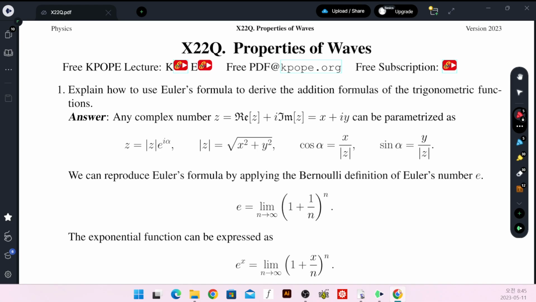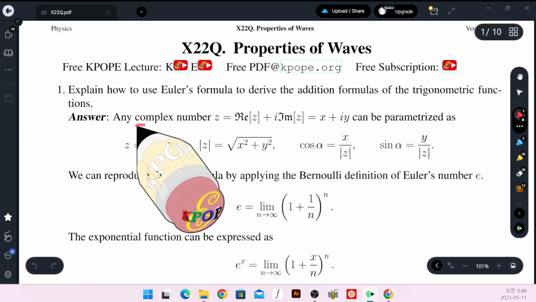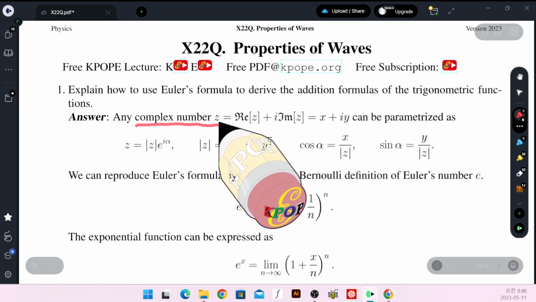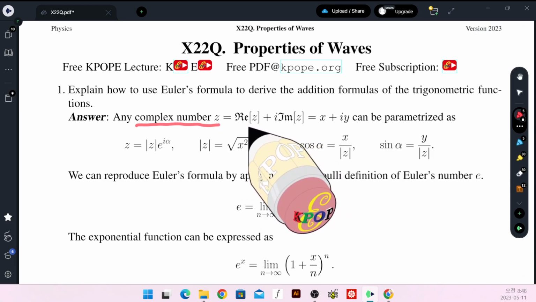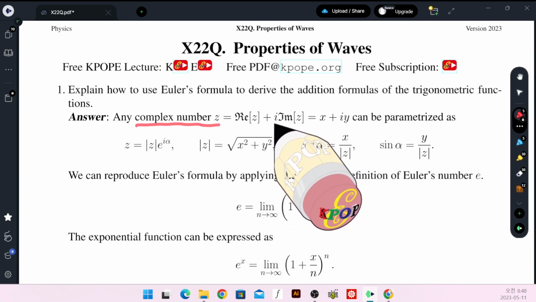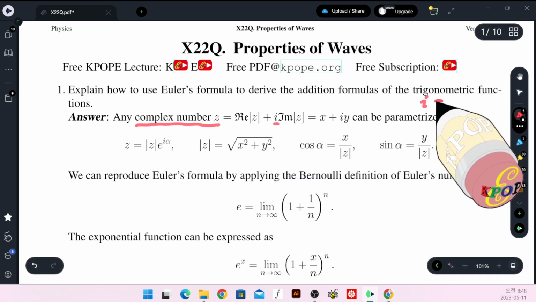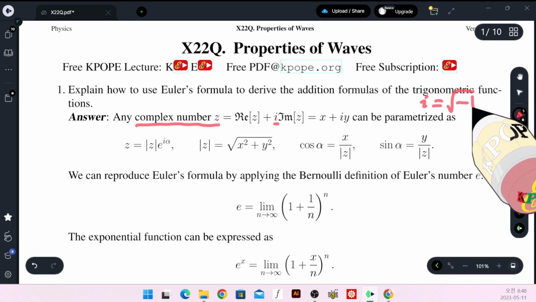X22Q, properties of waves. Explain how to use Euler's formula to derive the addition formulas of the trigonometric functions. We first make use of complex numbers. A complex number is a linear combination of unity and a pure imaginary number i, defined as the square root of -1.